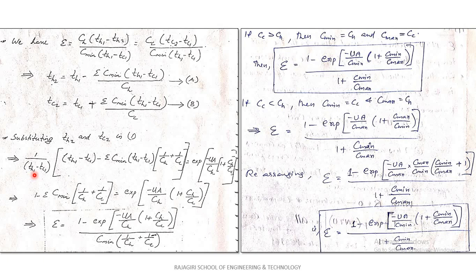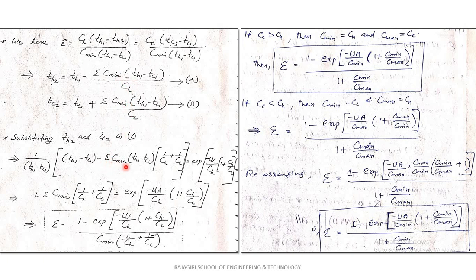1 by (TH1 minus TC1). See, TH2 minus TC2 is written here. In equation number 1, the denominator has TH1 minus TC1, and here TH1 minus TC1 is taken as a common term, and minus effectiveness times C minimum times (TH1 minus TC1) is constant for both these terms.